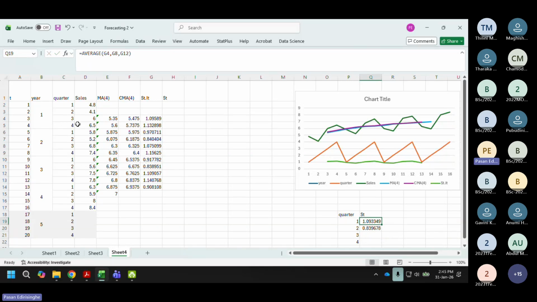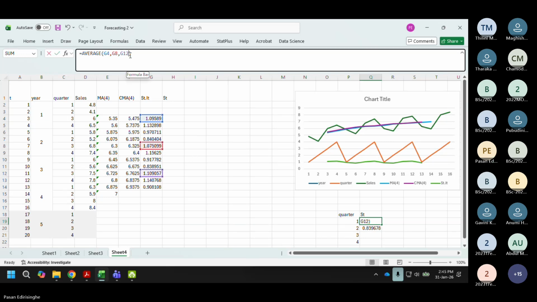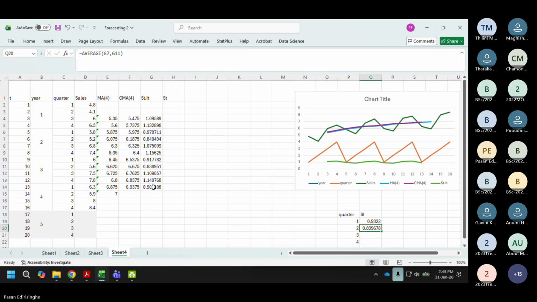And this is for the one, right? So one is included in. If I take the one here, that is the first one actually, right?